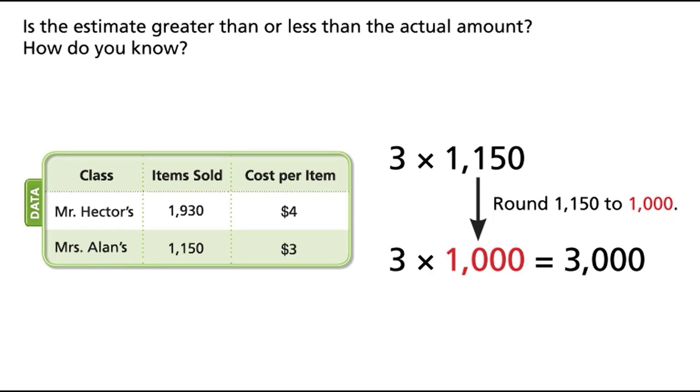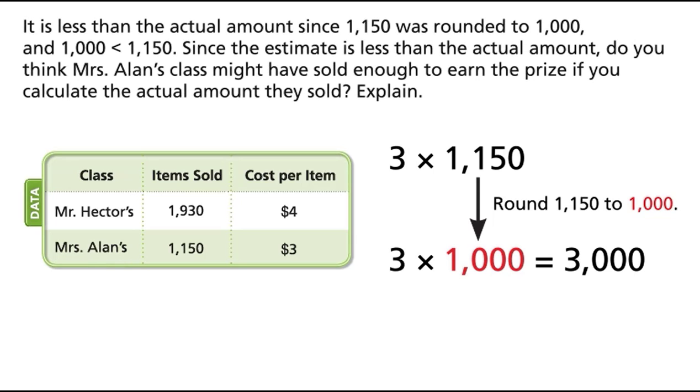Is the estimate greater than or less than the actual amount? How do you know? It is less than the actual amount since 1,150 was rounded to 1,000, and 1,000 is less than 1,150. Since the estimate is less than the actual amount, do you think Mrs. Allen's class might have sold enough to earn the prize if you calculate the actual amount they sold?